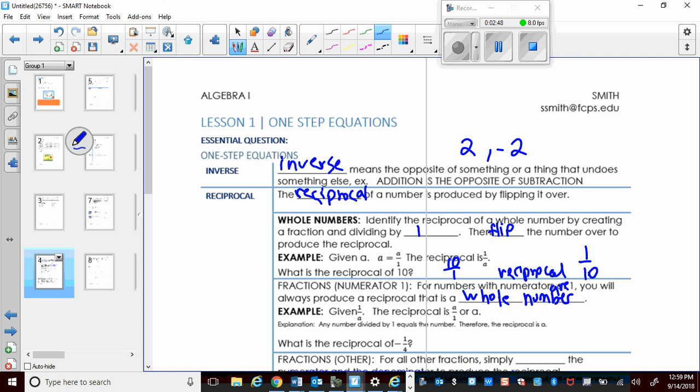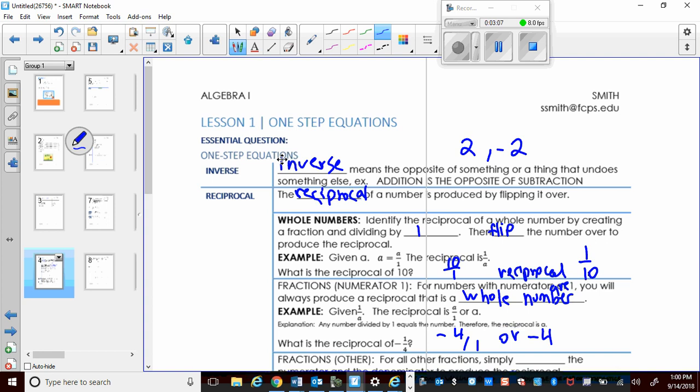So if I have 1 over A, the reciprocal is A over 1 or A. Similarly, what is the reciprocal of -1 over 4? Well, if I flip it over, it becomes -4 over 1, or just -4.